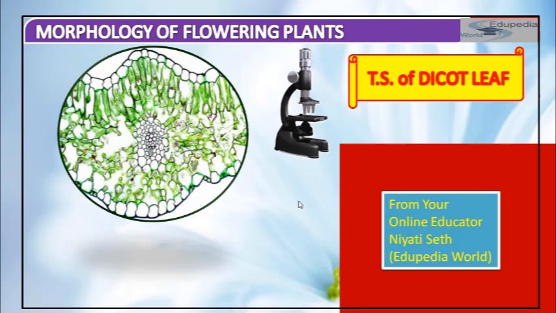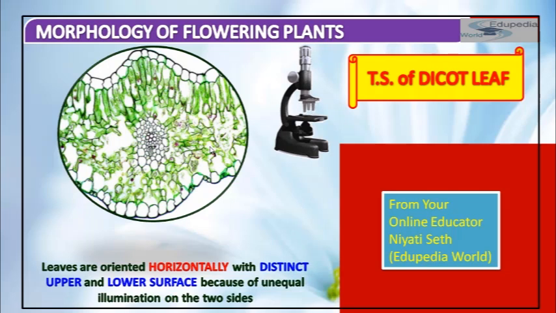The vertical section of the dorsiventral leaf through the lamina shows three main parts: first is epidermis, second is mesophyll and third is vascular system. So, this is the TS of dicot leaf.